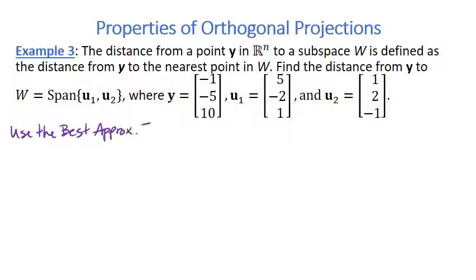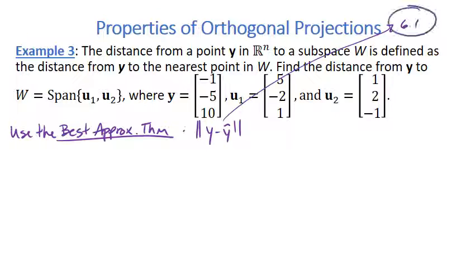Remember, the distance from y to W is the length of y minus y hat, and that length notation comes from section 6.1. If you have forgotten this notation, go back and review length from section 6.1. So this is what we need to find.